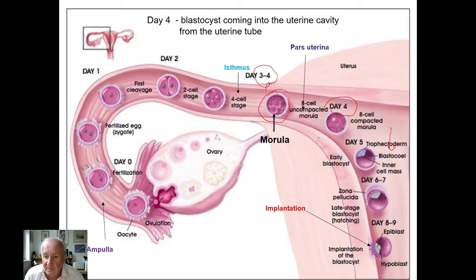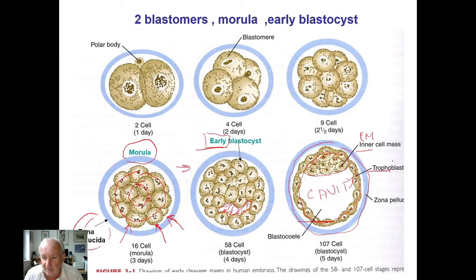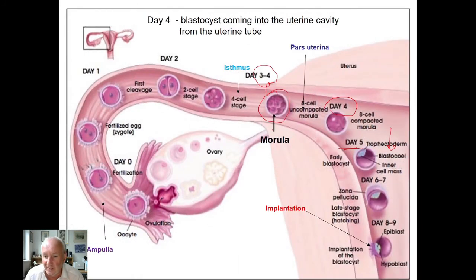And now, day 5: you have to get rid of the zona pellucida. If the zona pellucida would be around for a longer time, implantation will never happen. So you have to get rid of the zona pellucida at day 5.